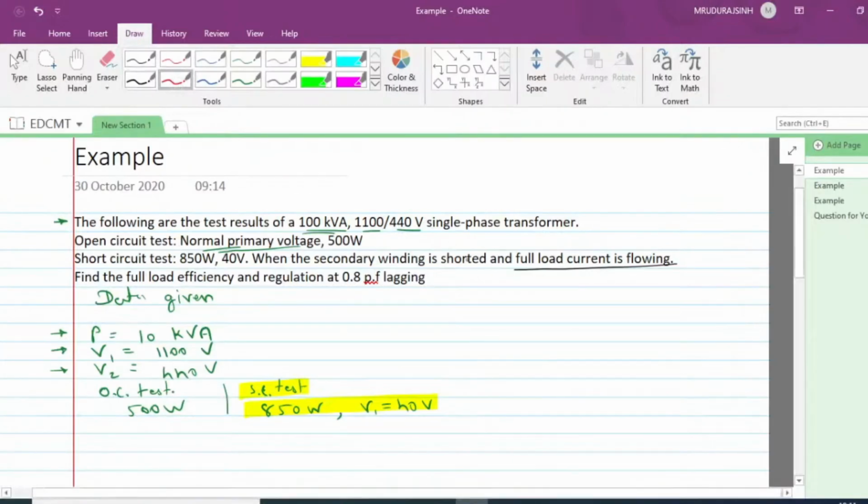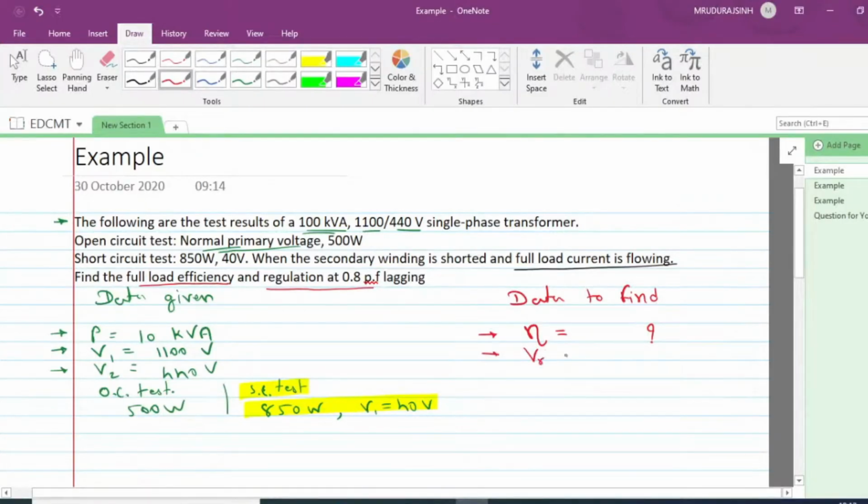Now what we need to find? So what data we need to find? The data we need to find is the full load efficiency. So we need to calculate efficiency and regulation at 0.8 power factor.